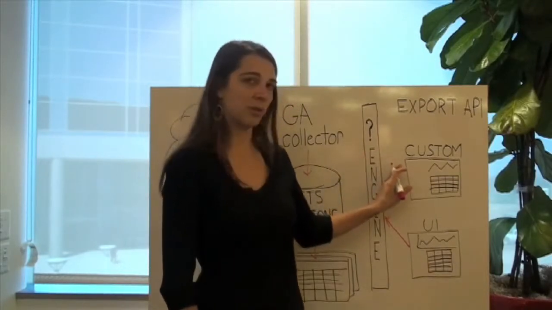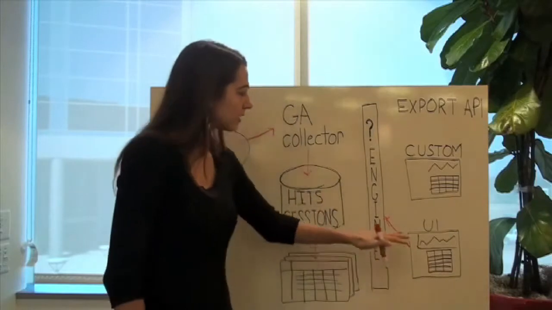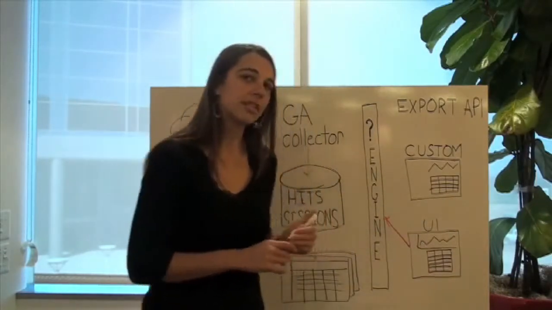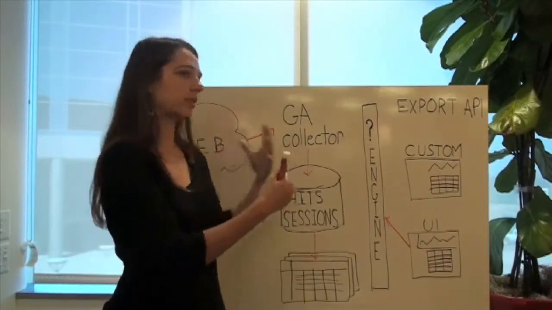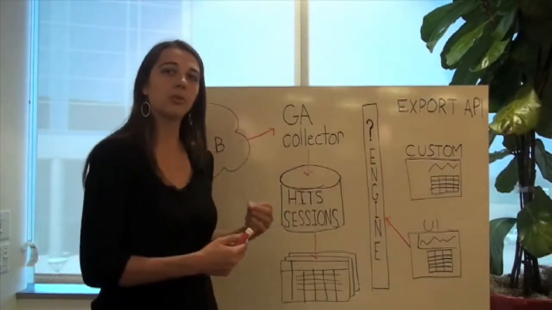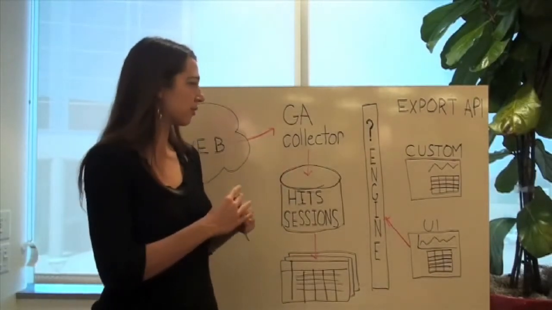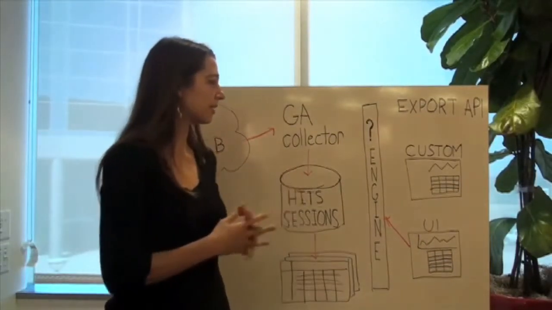The custom reports give you an alternative to the pre-existing reports. So whereas in the UI you're directed to particular areas of interest, like let's look at a geographic breakdown of activity, or let's break it down by what search keywords brought people to my site. But now, what if you want to drill down across those different questions?